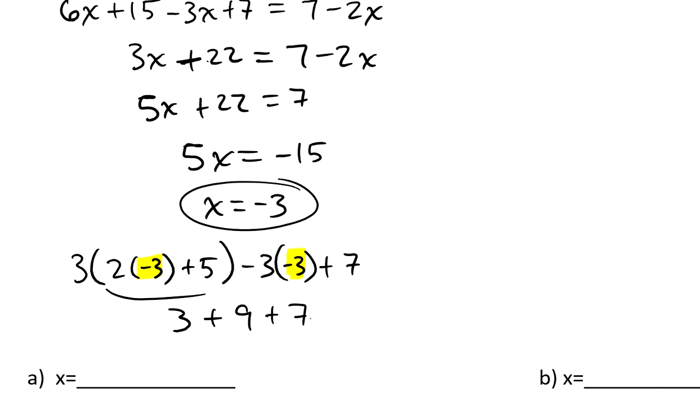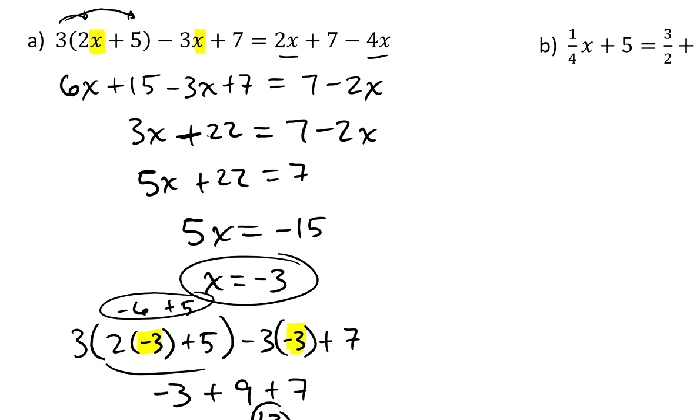And if I add those together, this is a negative 3, because this is negative 6 plus 5 is negative 1, and negative 1 times 3 is negative 3. So I've got negative 3 plus 9 plus 7, which is 6 plus 7, which is 13. So this whole entire side became 13 when I plugged in x.